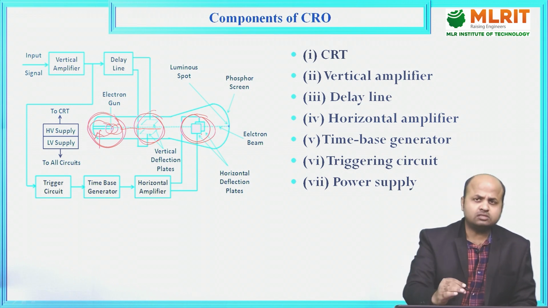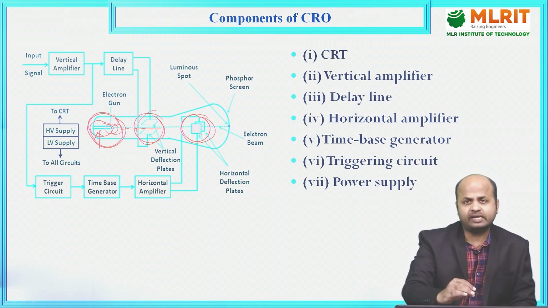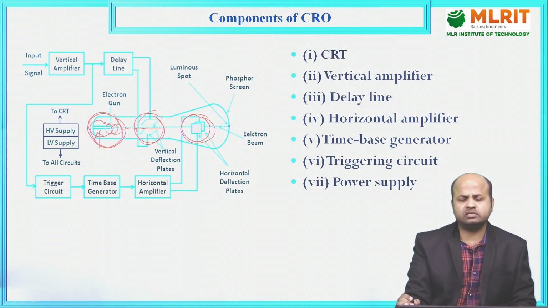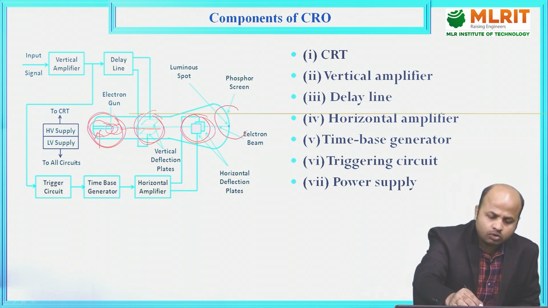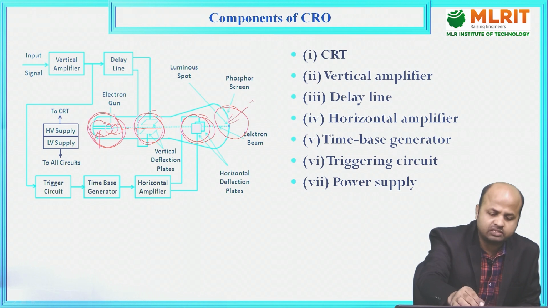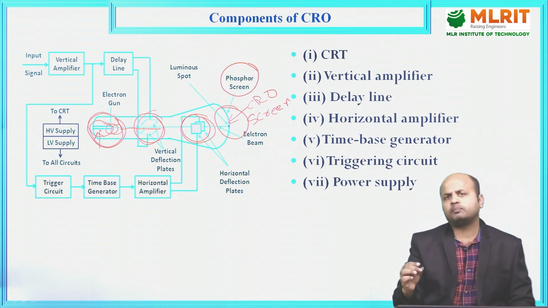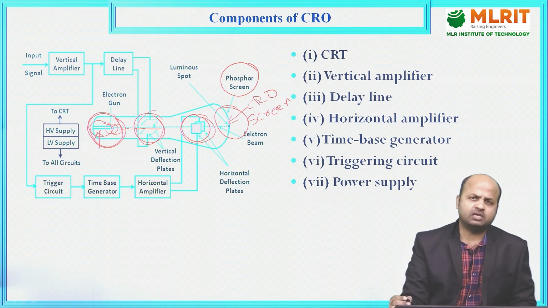In this way, by controlling the movement of electrons in vertical axis and horizontal axis, we can observe the output waveform on the CRO screen. This is CRO screen, and it is made up of phosphor material.